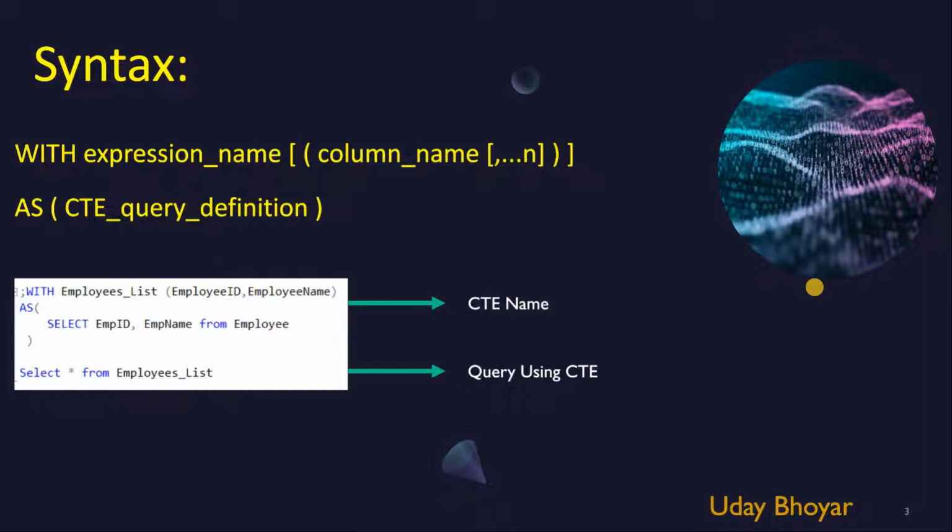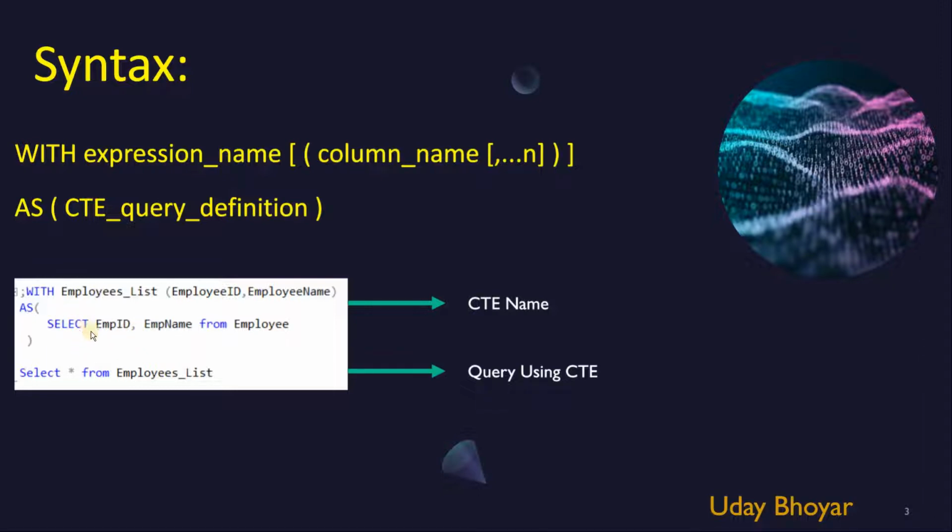In the example, we have provided a CTE name, and after the WITH keyword we have given the columns employee ID and employee name. This is optional. You can either give the column names or define them from the inner select query itself. The query definition lies inside the brackets.